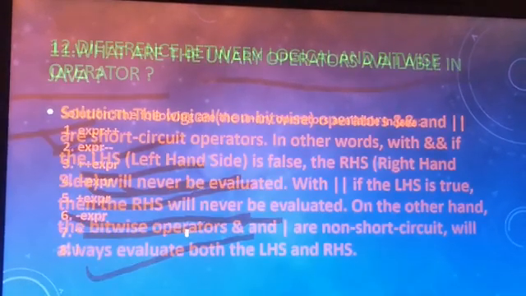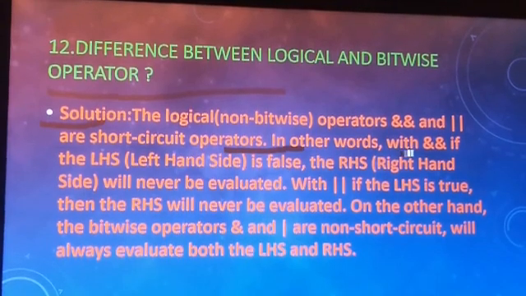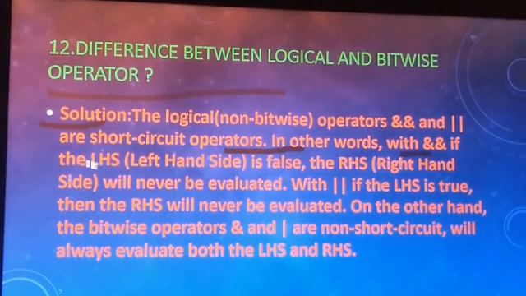12th question is, difference between logical and bitwise operators. Solution: the logical operators double AND and double OR are short circuit operators. In other words, with double AND, if the LHS, left hand side, is false, the RHS, right hand side, will never be evaluated.